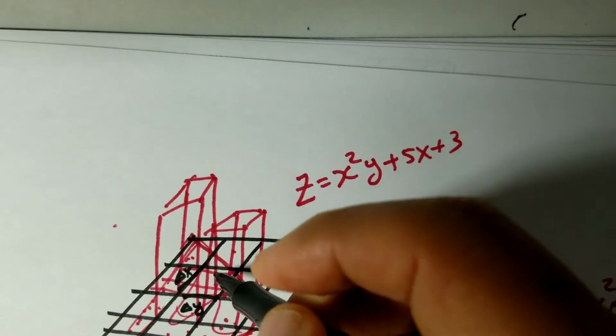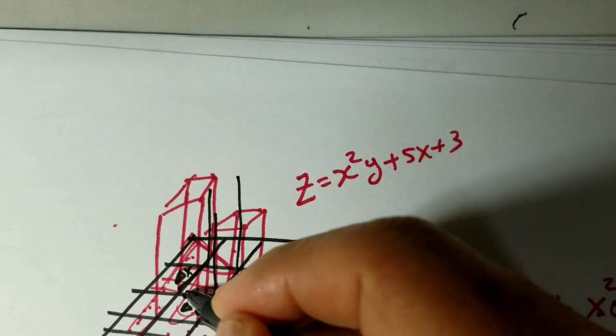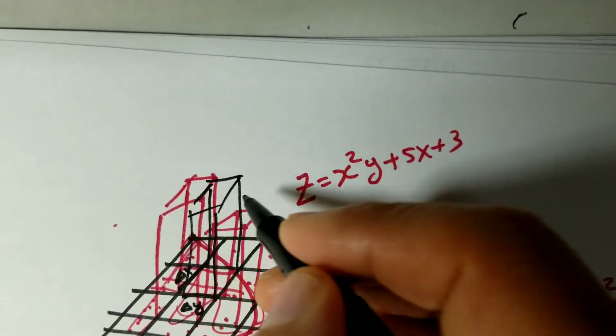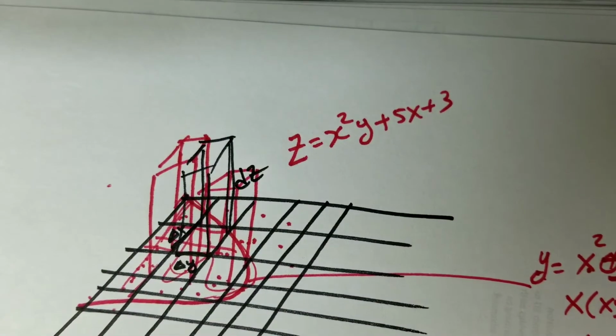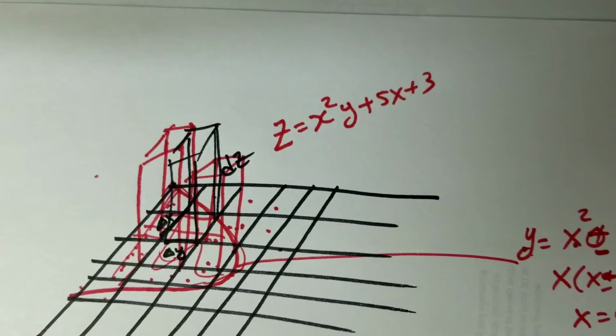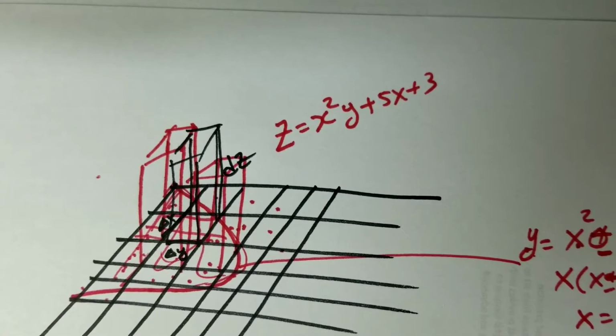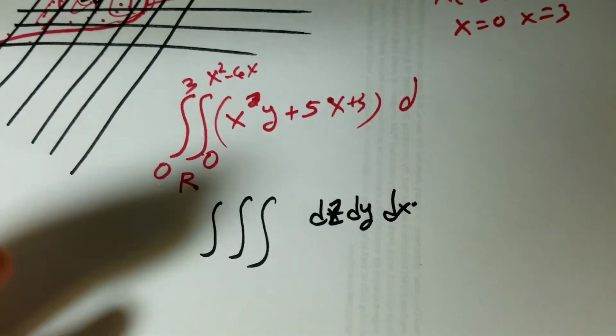And I know all the prisms are going to have a different height. And let's call this one the change in z. And the volume of a prism is dz dy dx.